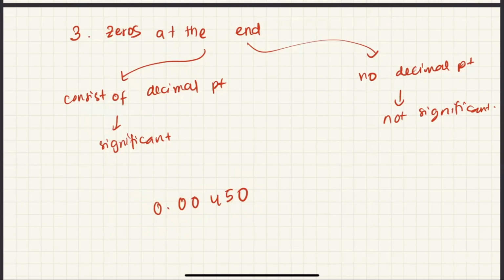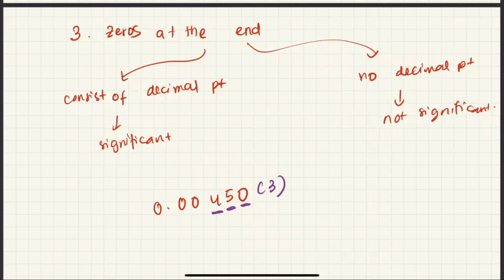Because this is at the end of a number, it's going to be significant or insignificant depending on whether there is a decimal point or not. So in this case, because there is a decimal point, that means it's going to be significant. So here, there is going to be 1, 2, 3. So 3 significant figures.